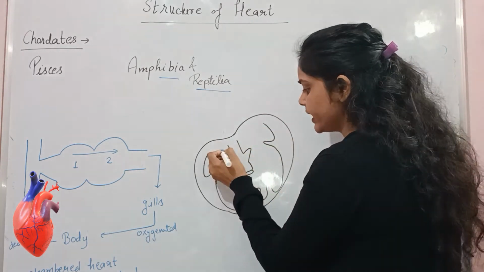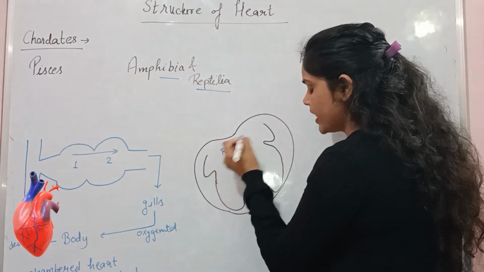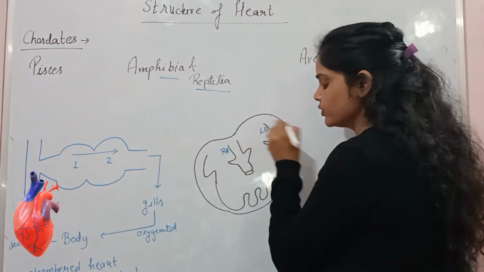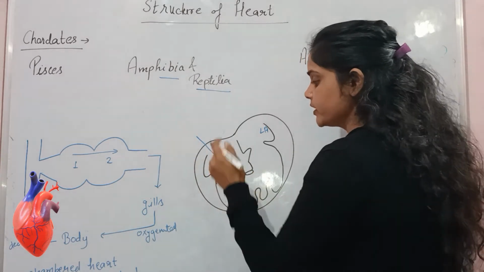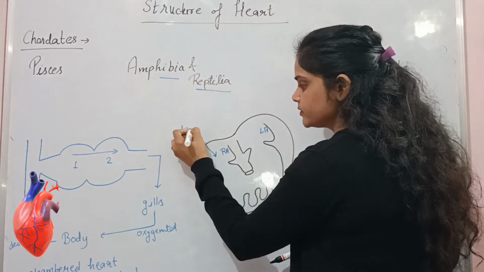In the right atrium, the deoxygenated blood enters.